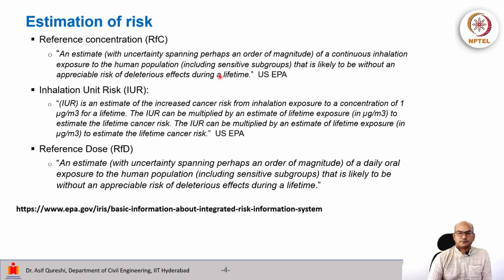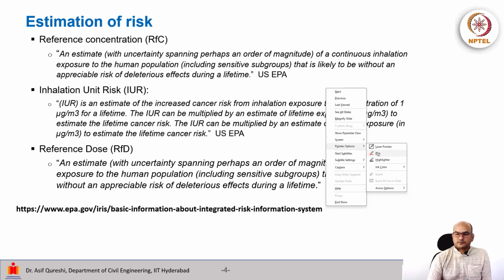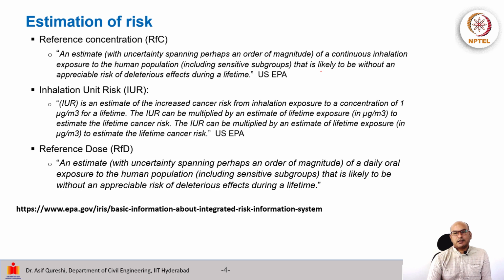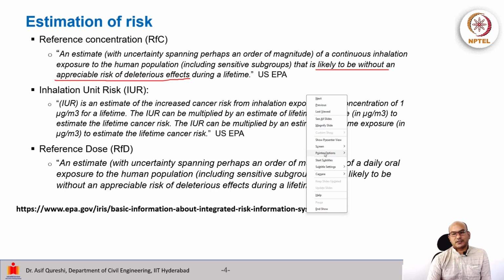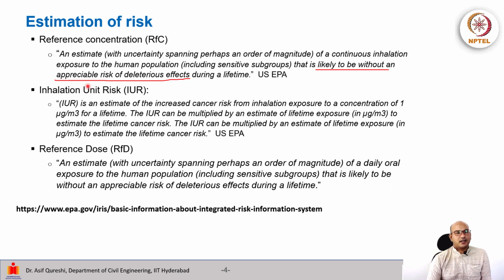The definition is that a person is likely to be without any appreciable risk, and it is also not saying zero risk. It is saying no appreciable risk of deleterious effect. So the term is in a probabilistic sense. The definition is not giving a hard yes or a hard no.